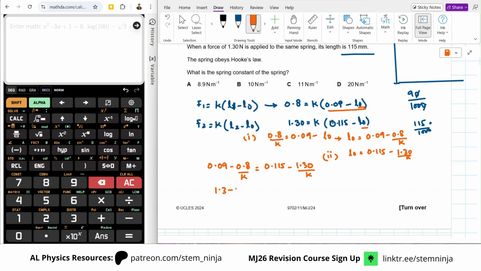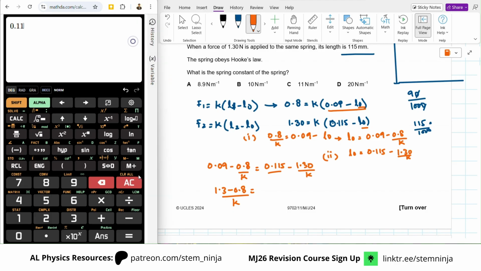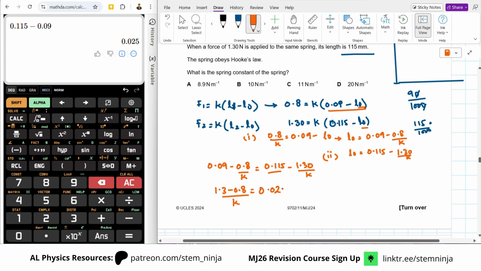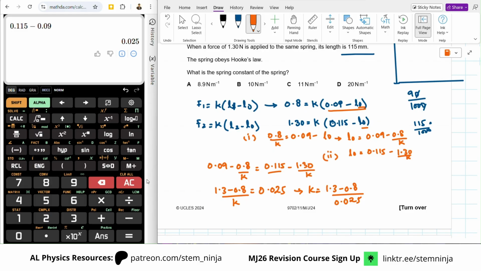So 1.3 minus 0.8 over K equals 0.115 minus 0.09, 0.025, and K goes on the other side, so this would be 1.3 minus 0.8 divided by 0.025.